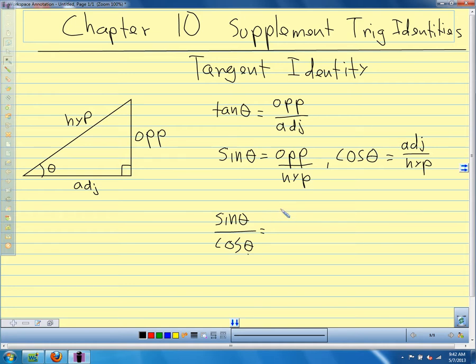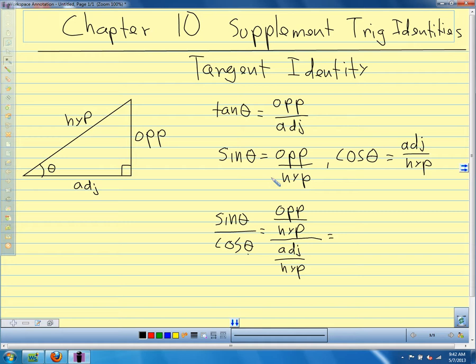So this is the fraction opposite over hypotenuse divided by the adjacent over hypotenuse. So we're dividing a fraction by a fraction. Dividing a fraction by a fraction is the same as doing what with the fraction? Multiplying by the reciprocal.